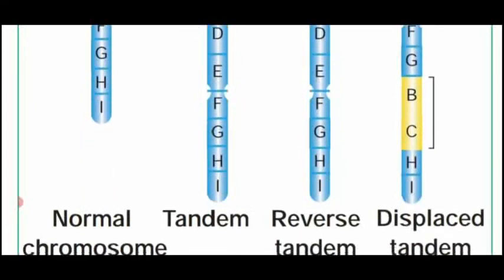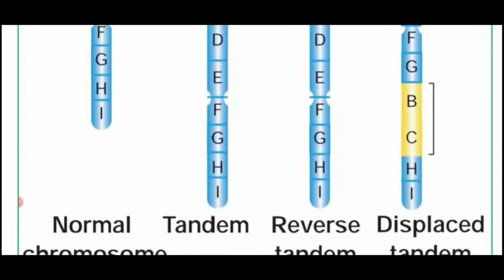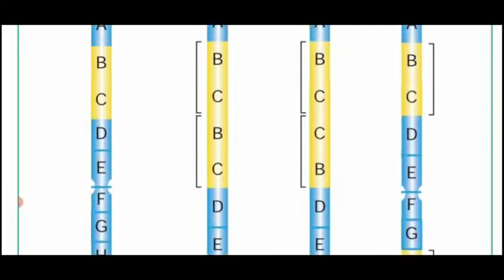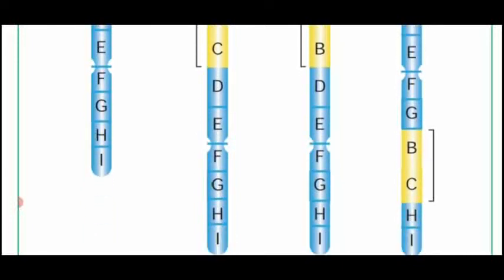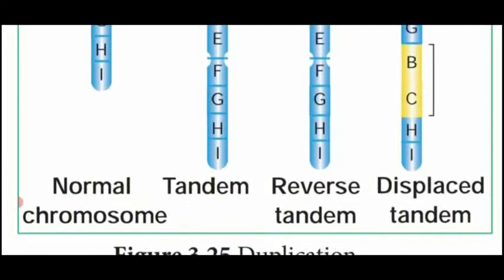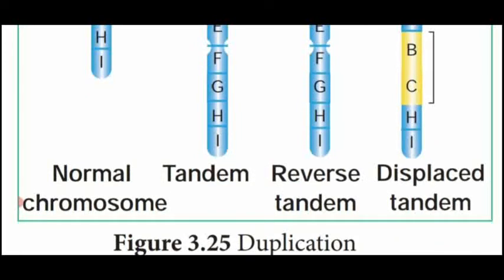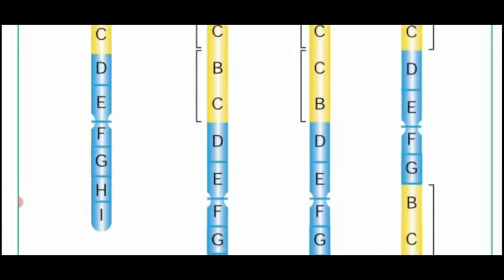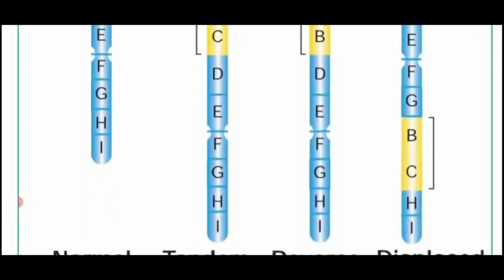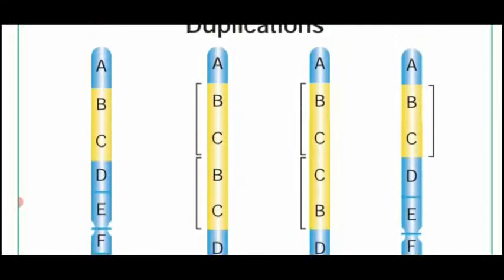Then in the last one, the entire segment B and C is dislocated to the other arm of the chromosome, that is said to be displaced tandem. So based upon the arrangement of the gene in the same chromosome, it is known as duplication or repeated structural chromosomal aberration.